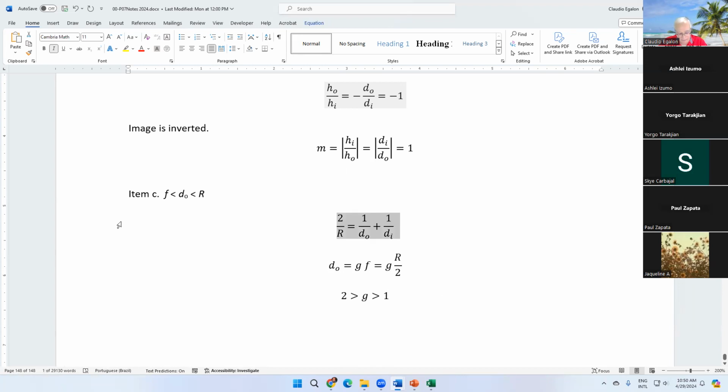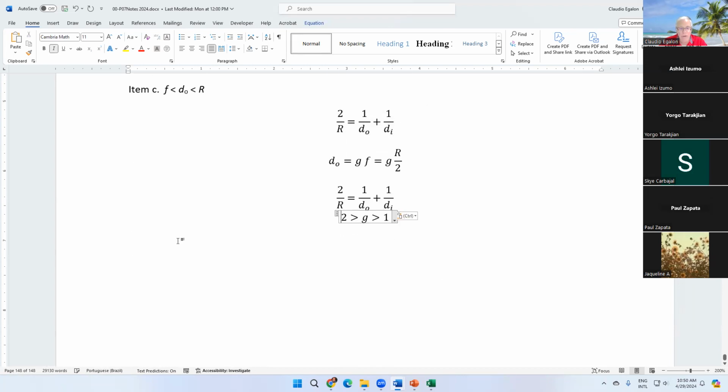Now we go ahead and replace D naught with GF, which by the way is going to be GR divided by 2. Okay. And I'm going to put it in the equation above. No, leave it here. Next step, negative equal.